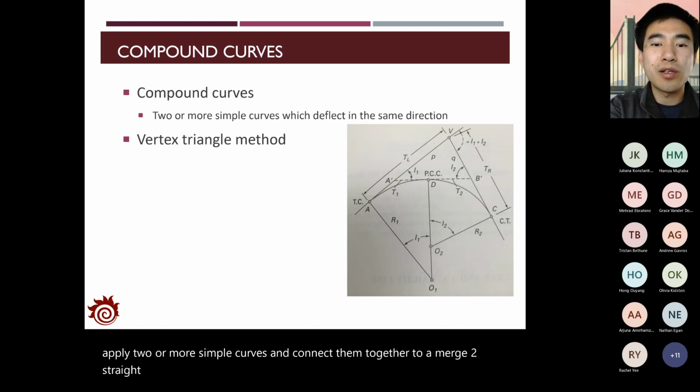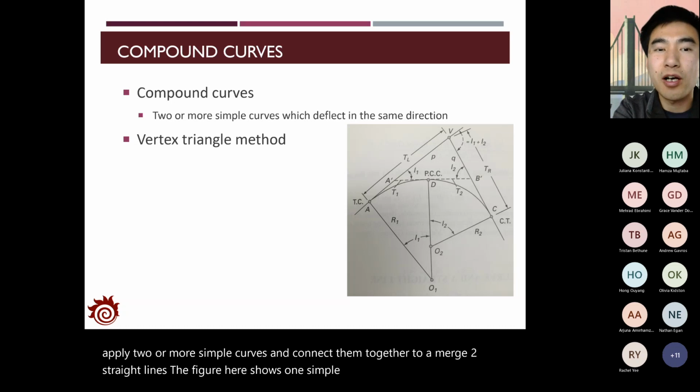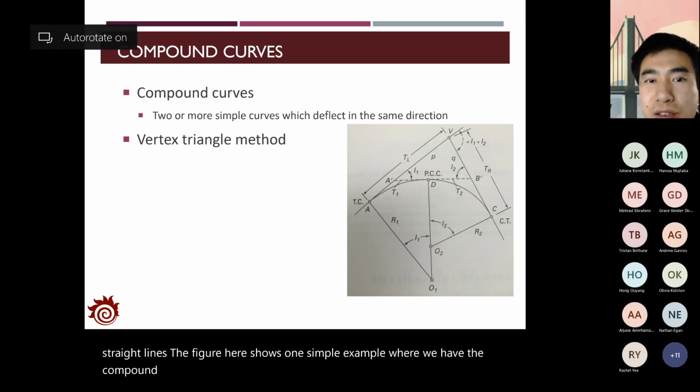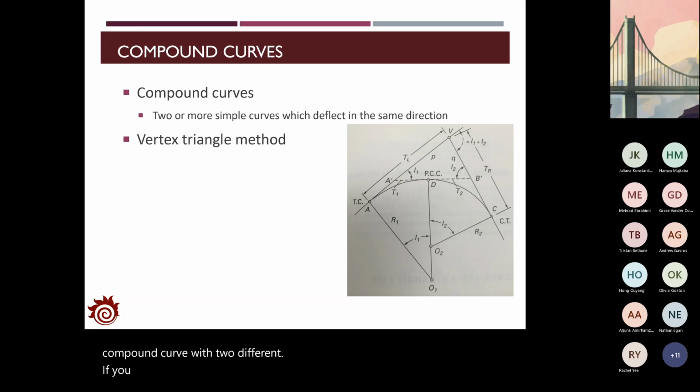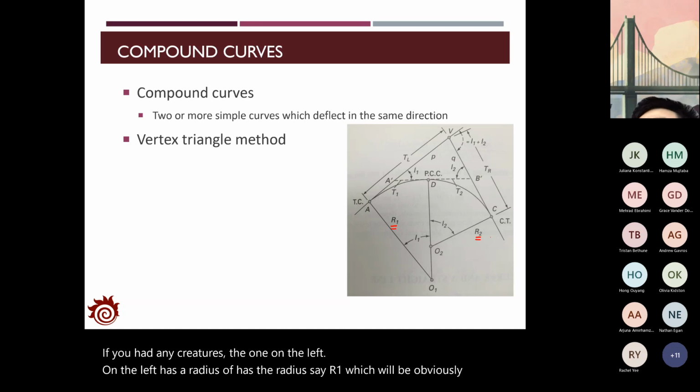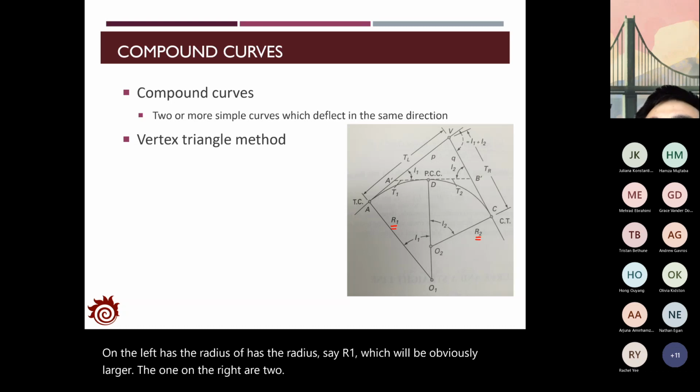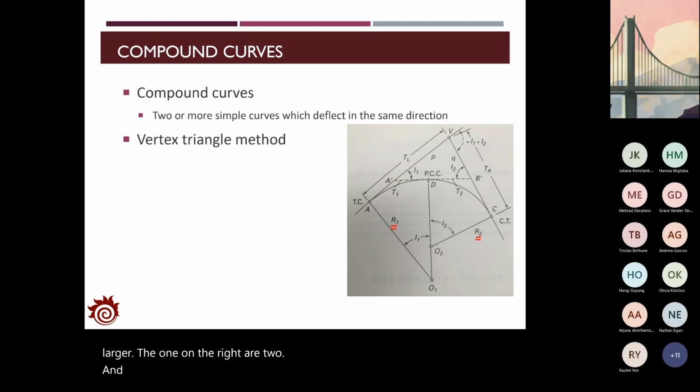The figure here shows one simple example where we have a compound curve with two different curvatures. The one on the left has the radius, say R1, which will be obviously larger than the one on the right, R2. And we are also provided with the angles of the two arcs.